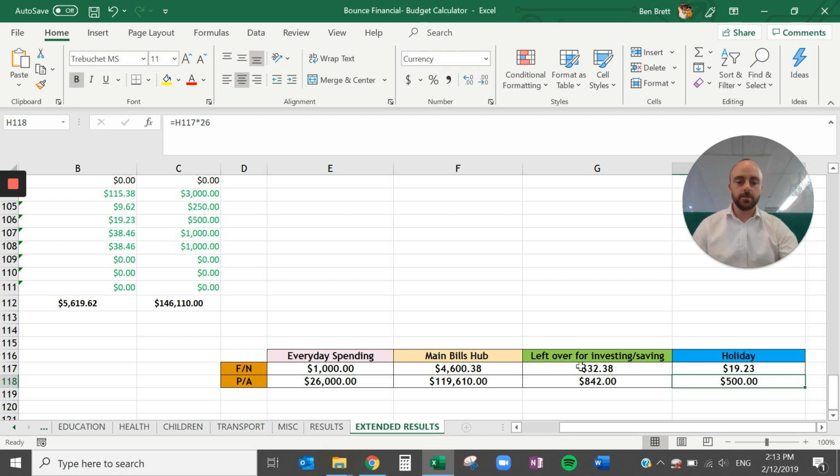And then we have what's left over for investing or saving. You recall there wasn't a lot of capacity to do that for these people. But depending on your figures and how much you spend, you may have a lot more capacity to save, or hopefully you do. So $32 a fortnight is going into this account, and you should have $842 a year.